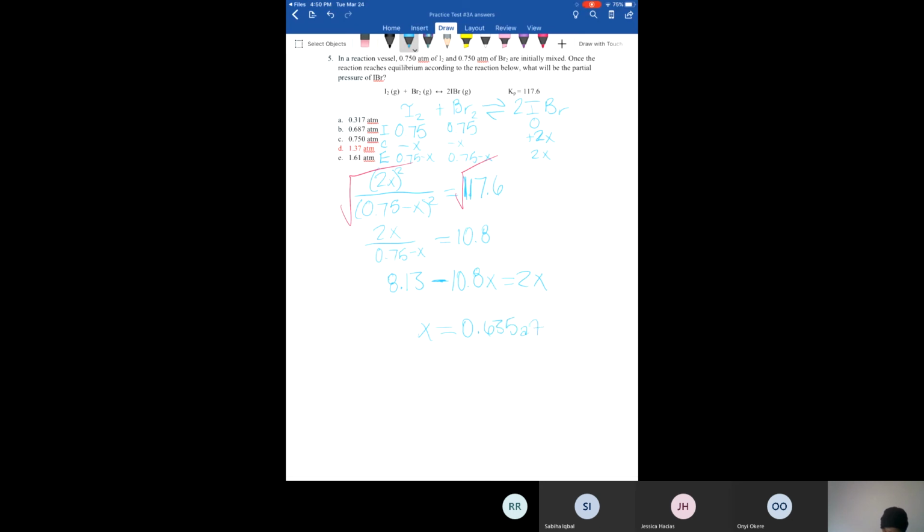So your IBr pressure is 2x, which is 2 times 0.635, which is going to equal 1.37 atm. 8.13 is just when I multiply 0.75 minus x on both sides, it's going to be 0.75 times 10.8.